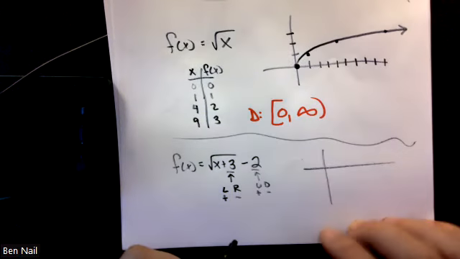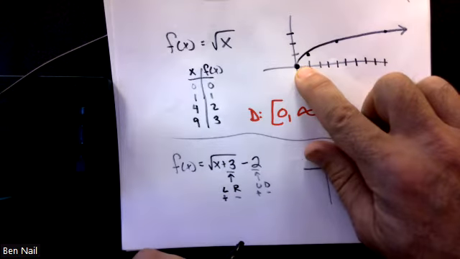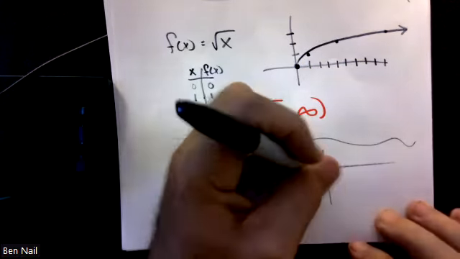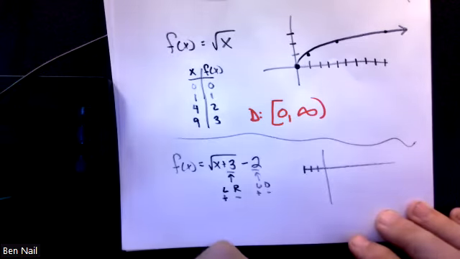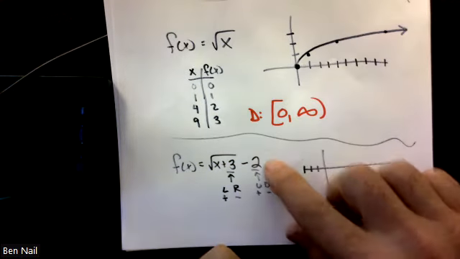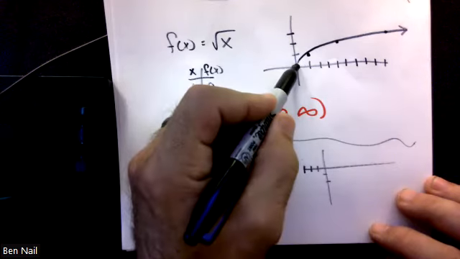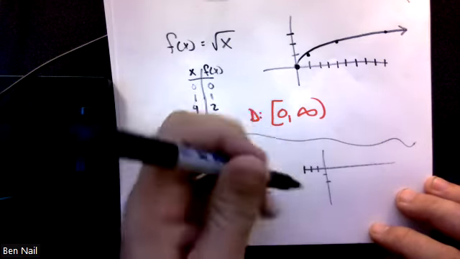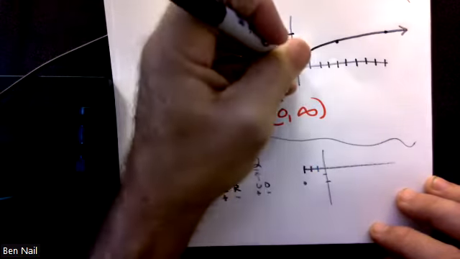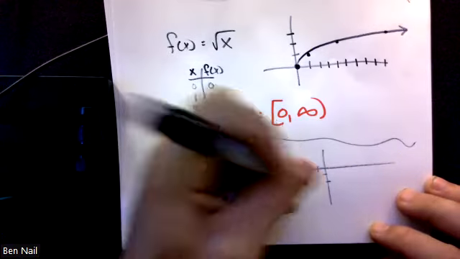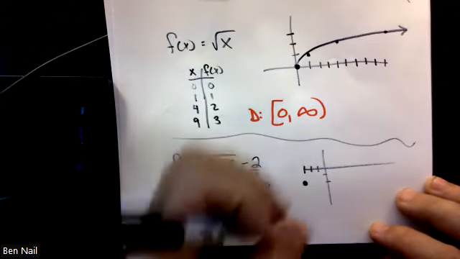So this particular function will take this exact same square root function and shift it 3 units to the left and then 2 units down. So this 0, 0 would go left 3 and down 2. So now this point is essentially right here. Otherwise, it's the same graph.